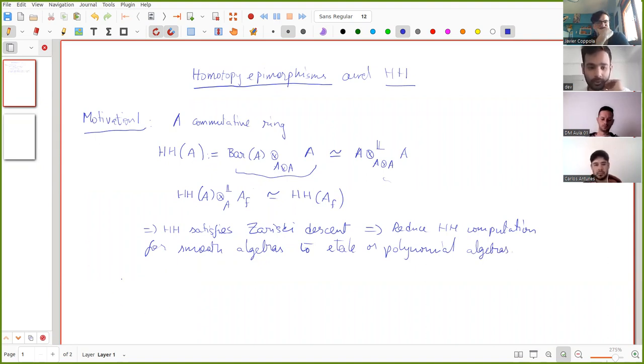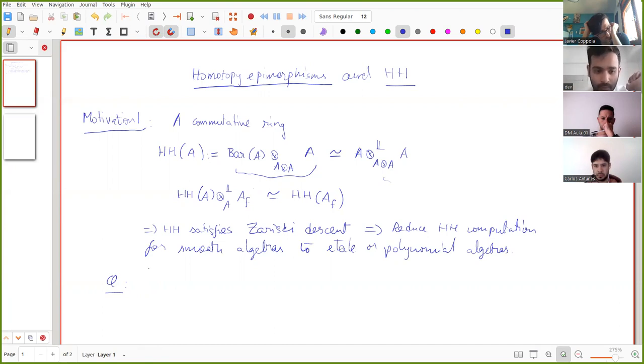Okay, so a question that you might ask now is, what if you work over, say, the category of simplicial commutative algebras, which, now why would you want to do that? It's because that is the category in which derived geometry is built.